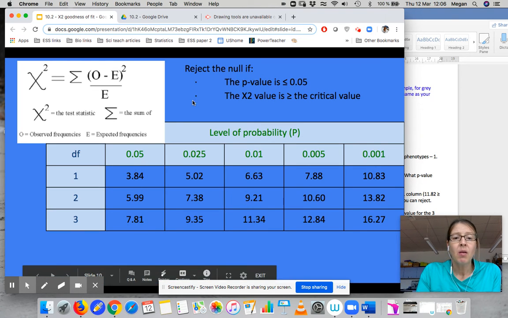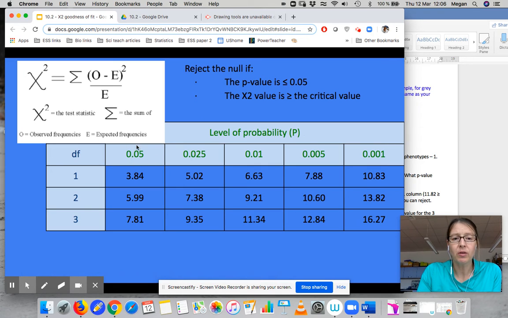But to be able to use this chart, we need to know our degrees of freedom. And of course, this is where the level of probabilities fall. And this 0.05 is kind of the cutoff. So we need our critical value to fall somewhere over here.